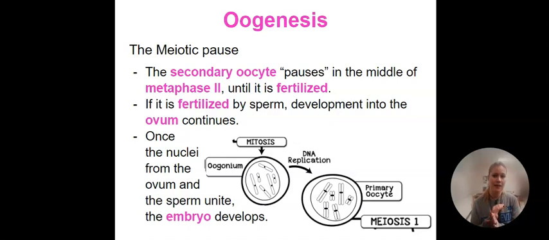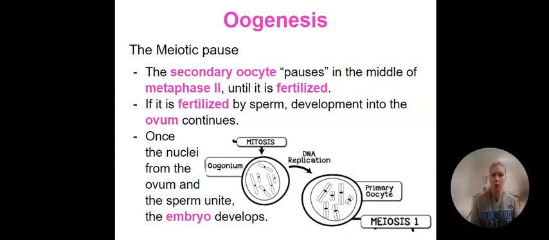Now, if that cell is fertilized by a sperm, then it'll finish the rest of meiosis 2 and actually develop into an egg, or into what's called an ovum. Ovum, egg, same thing here.